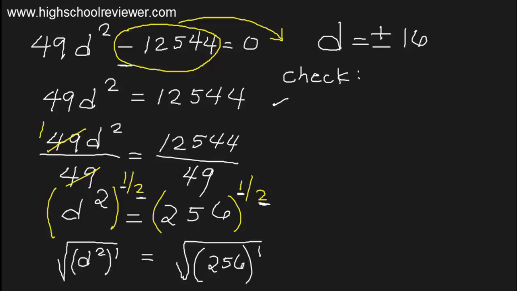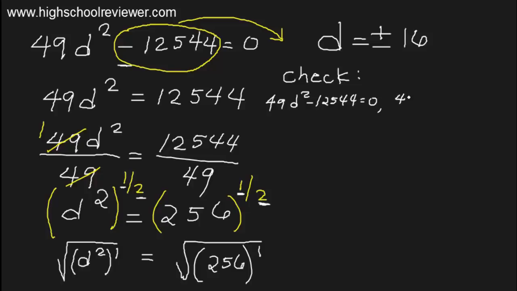Our equation is 49 d squared minus 12,544 equals 0. So we have here 49 d squared. Okay, let us erase that. Let us rewrite so that it will fit. So this will be 49 d squared minus 12,544 equals 0.